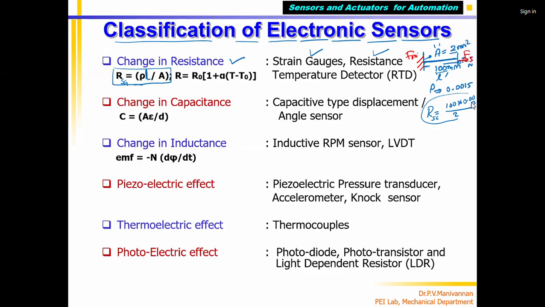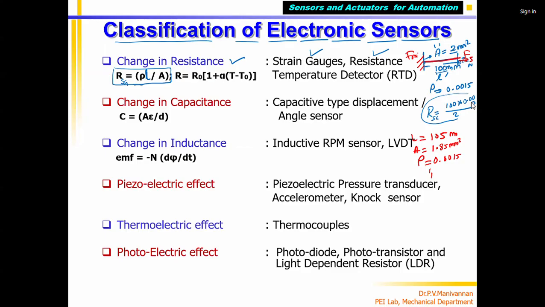What will happen? The wire length will increase from 100 mm, it becomes 105 mm. My L becomes 105. My area will not remain 2 mm square. It may become 1.85 mm square. But rho is going to be the same. The material we did not change. It is going to be 0.0015.